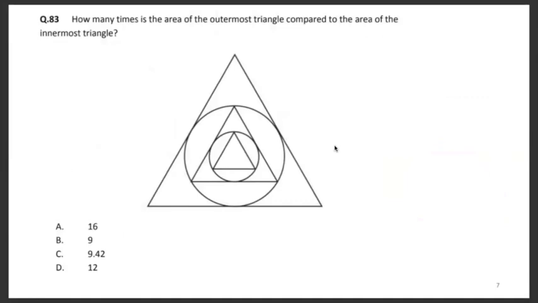Here we are given a graphic. You have to find how many times the area of the outermost triangle is compared to the area of the innermost triangle. So here, for the innermost triangle, ये जो word है आपका, what I will try to do is extrapolate the lines of the innermost triangle like this.